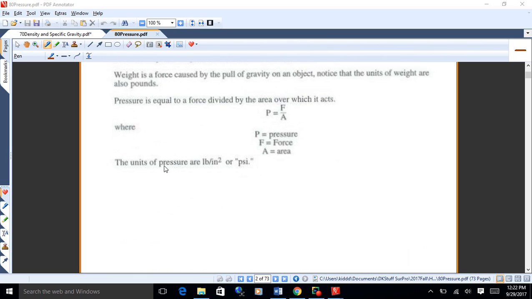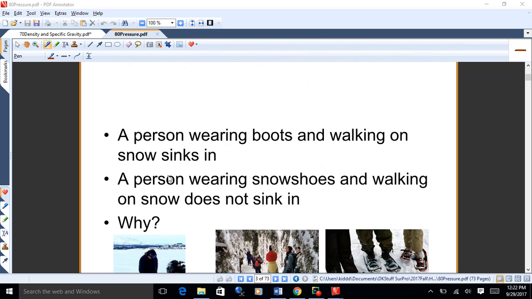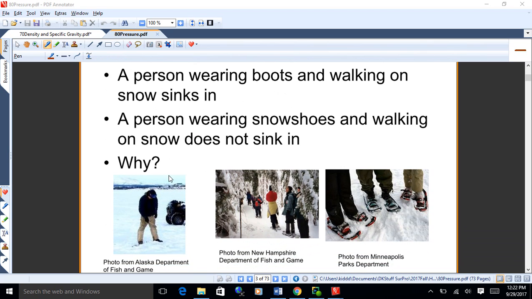And maybe to illustrate the difference between pressure and force, let's look at what happens when somebody walks on the snow. If you're walking around in deep snow with boots on, and let's say you're in a normal place that has snow as opposed to Oregon where the snow's a little light and fluffy, like up north somewhere, you'll sink in, okay?